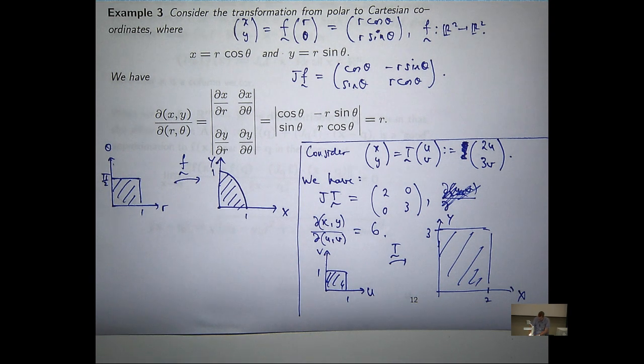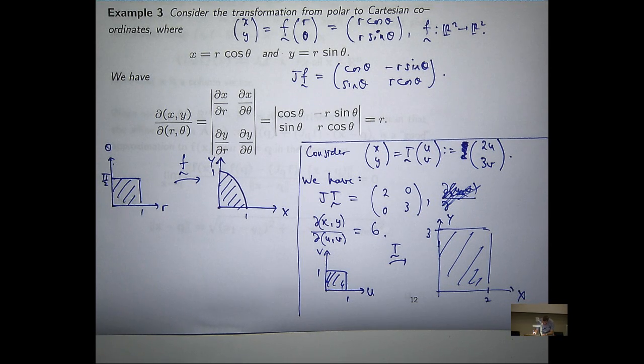So what's the area of the first box? 1. What's the area of the second box? 6. Have a look at the determinant. Also 6. So in that sense, what we might conjecture is that the determinant of this special Jacobian matrix is like a scaling factor for the functions involved. In this case, the box area 1 is increased by a factor of 6.